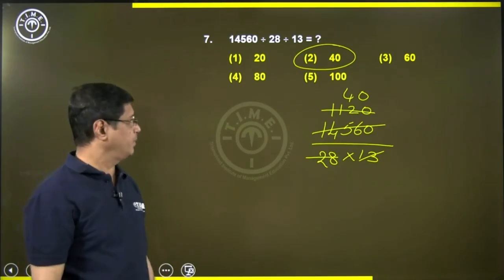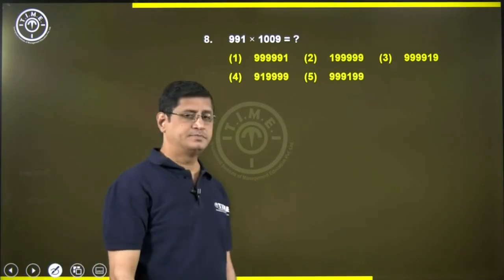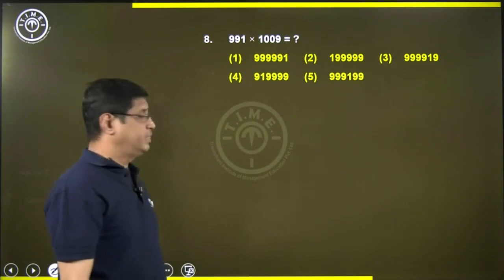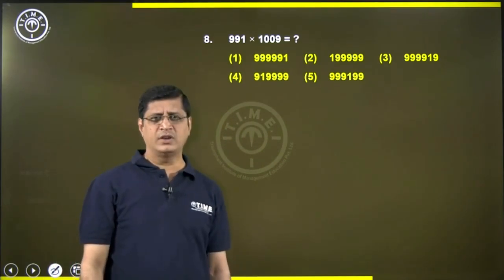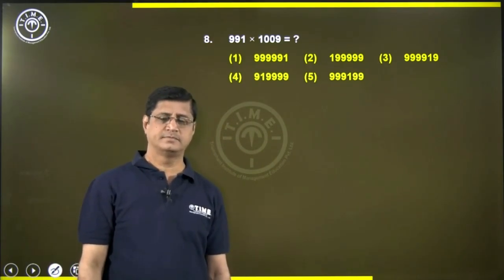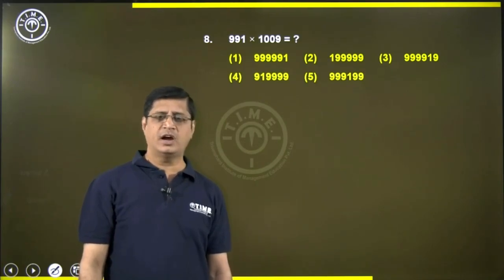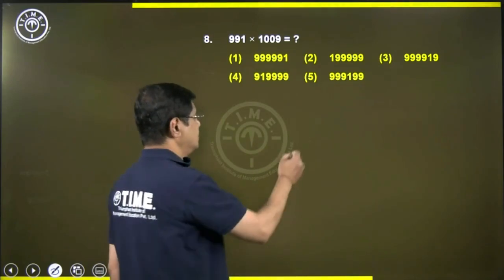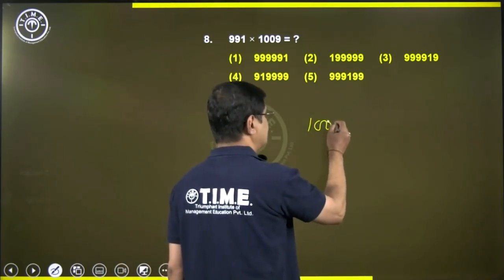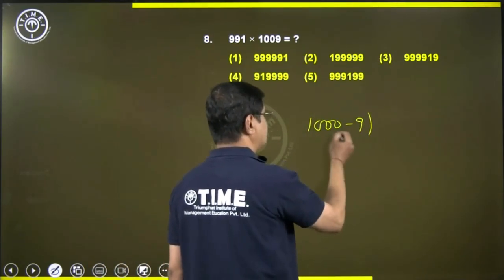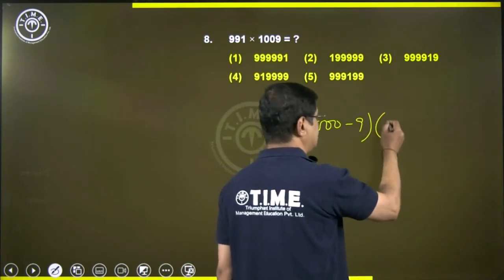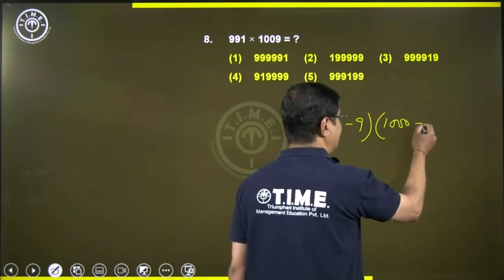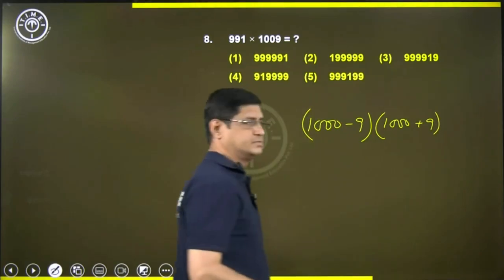Okay. Now moving to the next example. 991 into 1009. These numbers are close to 1000. The first number is 9 less than 1000. Second number is 9 more than 1000.